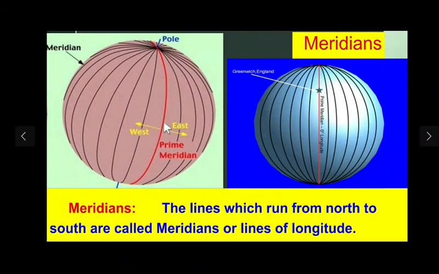Now you can see the center line here. This line is known as the prime meridian, which we are going to see further. And we have already read in the previous class about the poles. The two end points are known as poles.